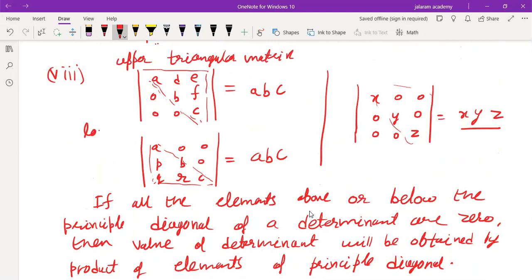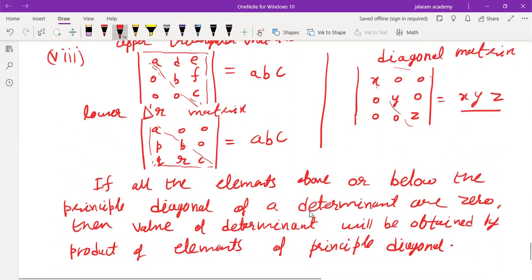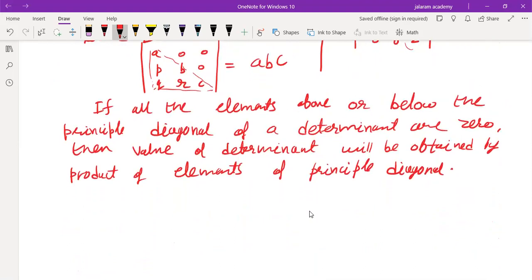And this is a lower triangular matrix. And this is a diagonal matrix. In all three cases, the determinant is obtained by the product of diagonal elements.